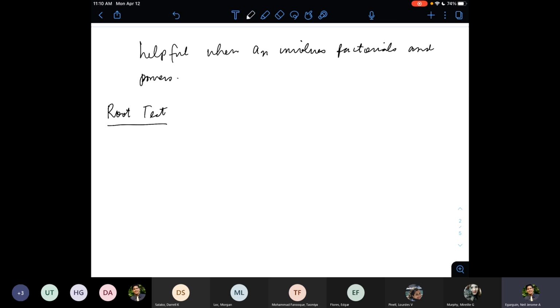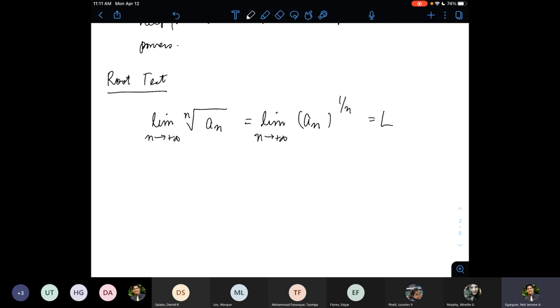Well, for the root test, what you need to take a look at is the limit of the nth root of a sub n as n approaches infinity. Or in other words, you're taking the limit of a sub n raised to 1 over n as n approaches infinity, and you get a limit L. If L is less than 1, the series converges.